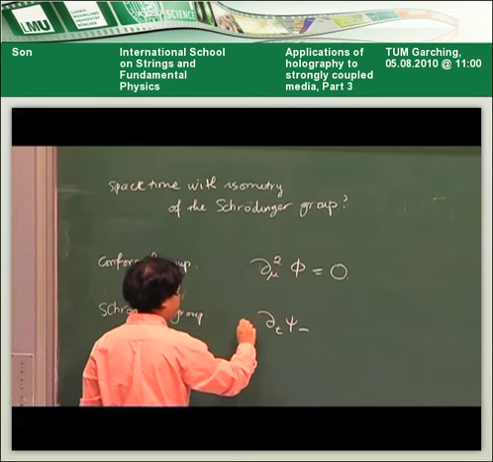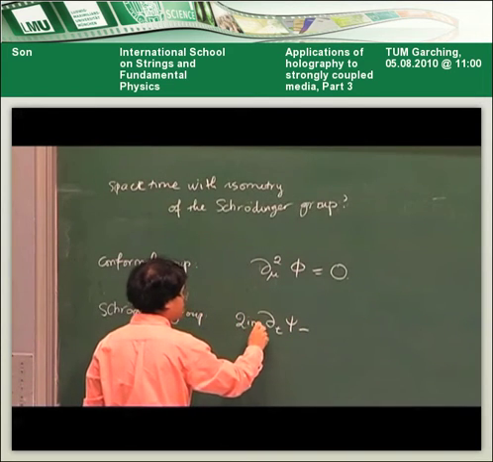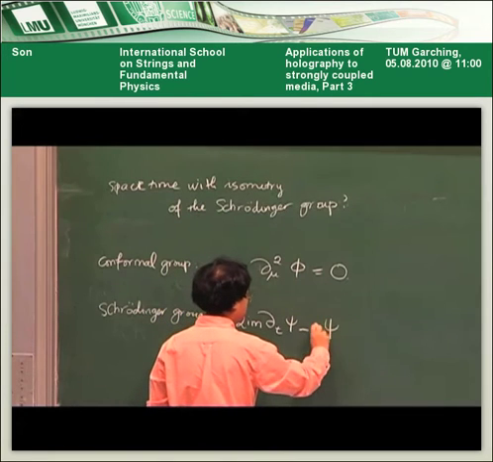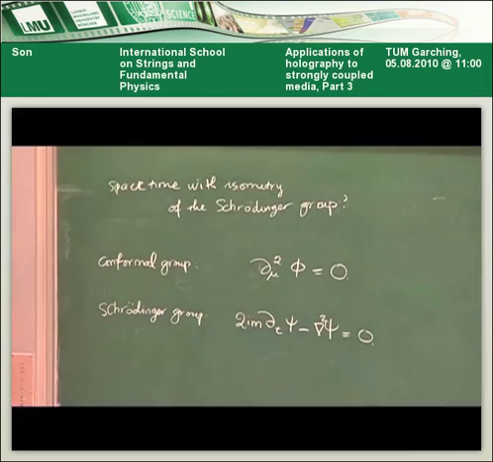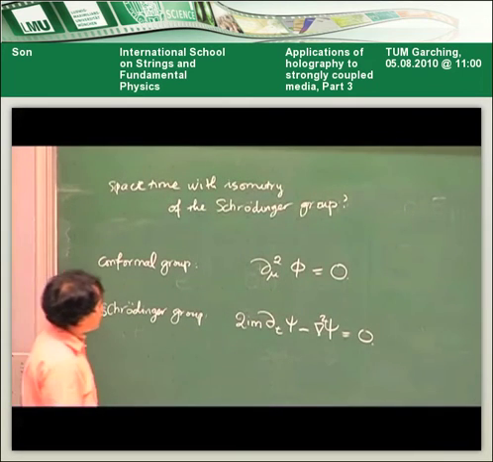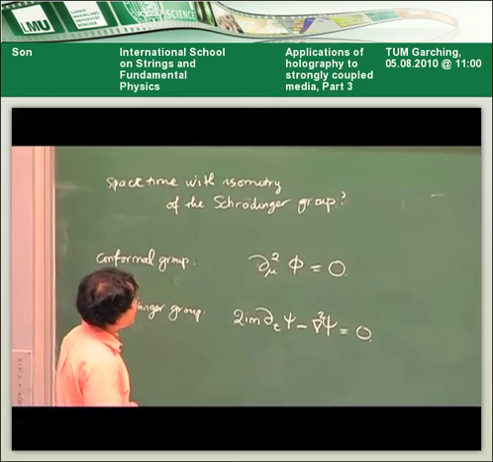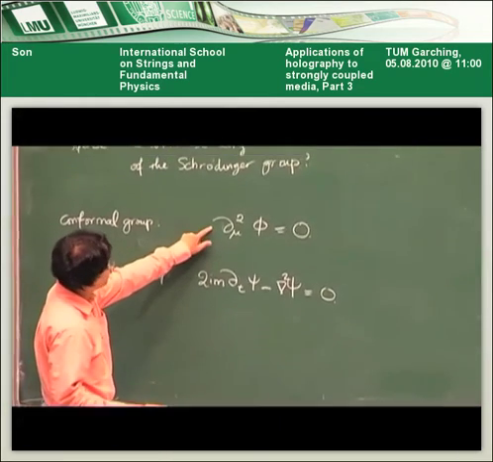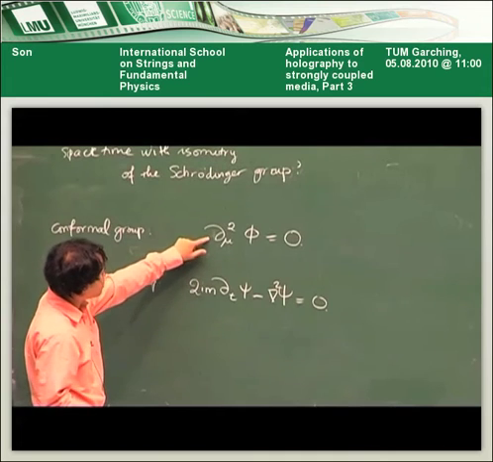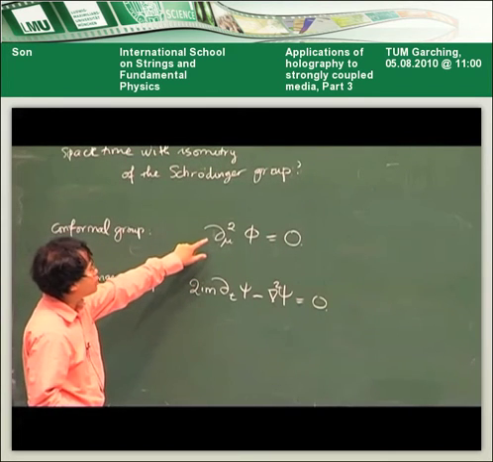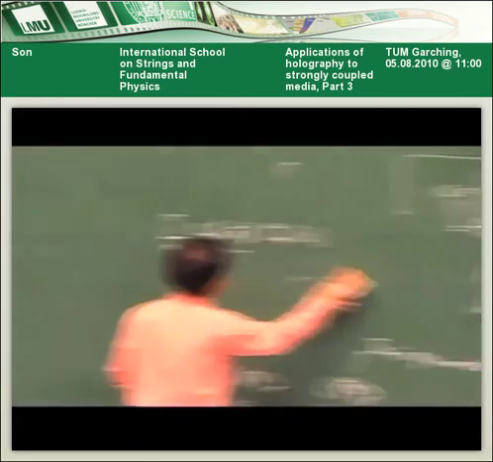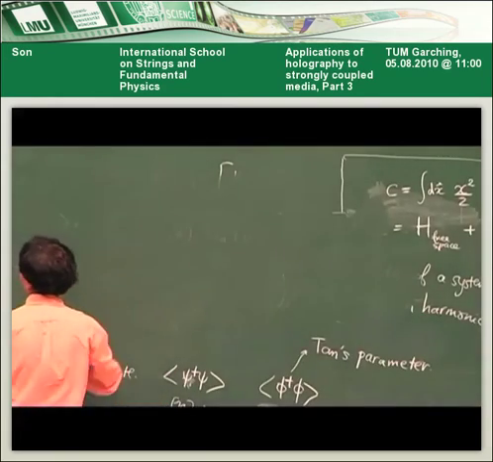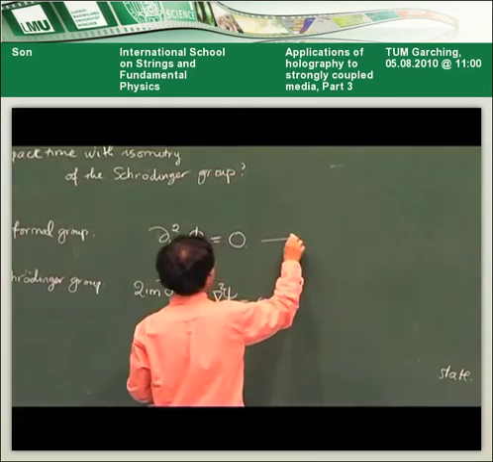So let me write it down like this. However, we can go from the conformal group, from the Klein-Gordon equation, into this equation by going first to the light cone and then restricting the form of the wave function to have one light cone momentum equal to a fixed number.